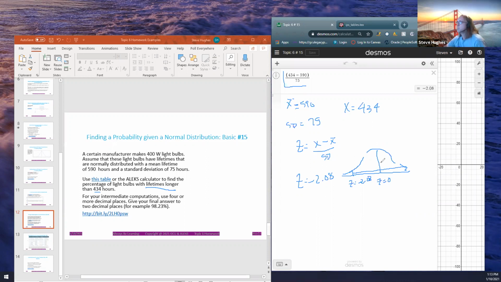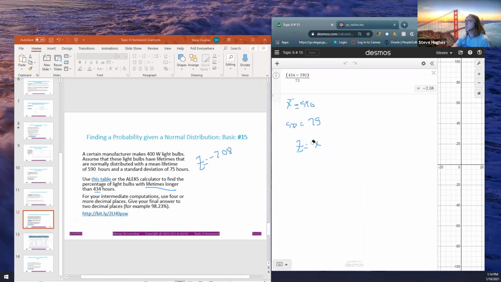So let's jot this down over here so we don't forget it: Z equals negative 2.08. I know it's in the calculator, but I'm going to shut the calculator down for a moment and go to the next slide. Let's erase this so that it doesn't interfere with our table. What are we looking up?